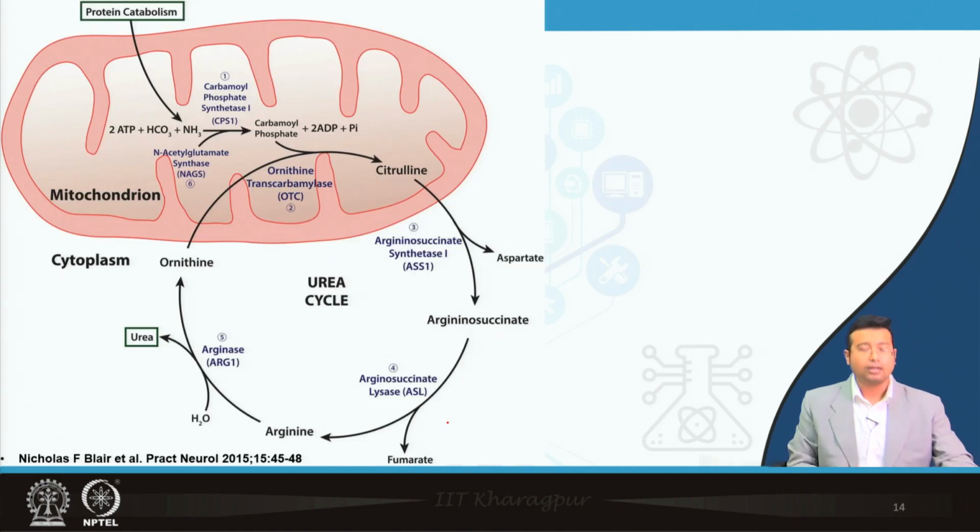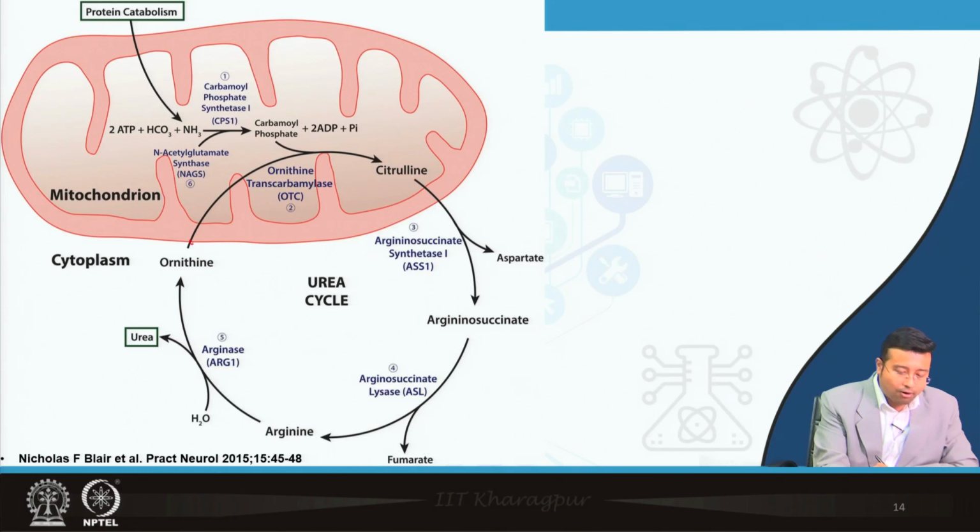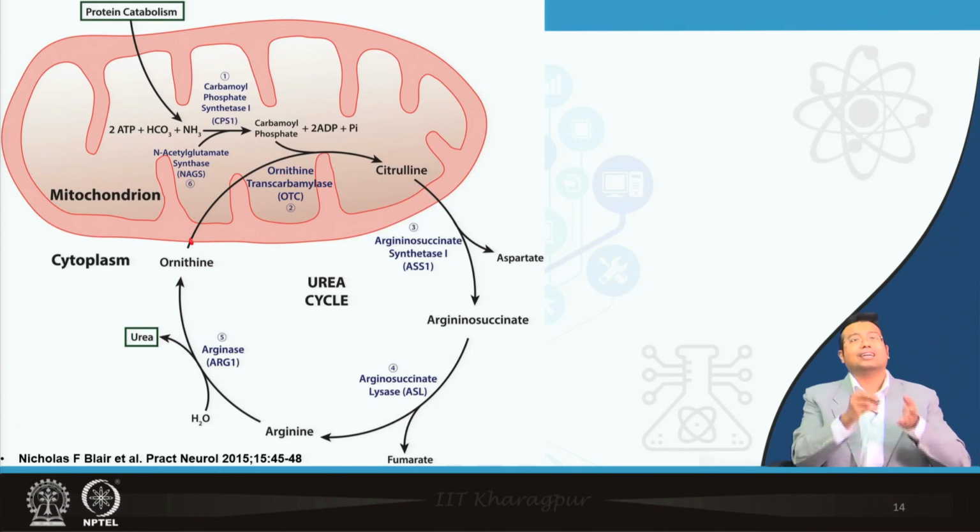So, let us return to the deficiency of urea cycle enzymes, which is the main topic of today's discussion. This is again an overview, alright. One thing to note is the first two steps happen inside the mitochondria. I am repeating myself over and over again so that it is reinforced in your brain. Ornithine is transported into the mitochondria with the help of an ornithine transporter, alright.